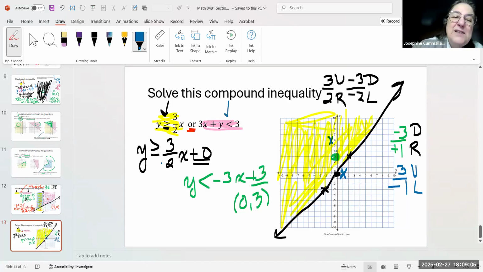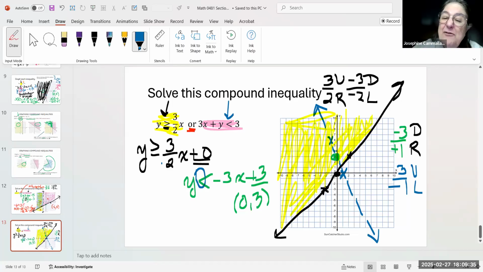Now, notice that this does not have a line underneath it, which means I have a dashed line. But I got to shade. Where am I going to put my pink? Well, my pink is saying I want the y values less than the line.